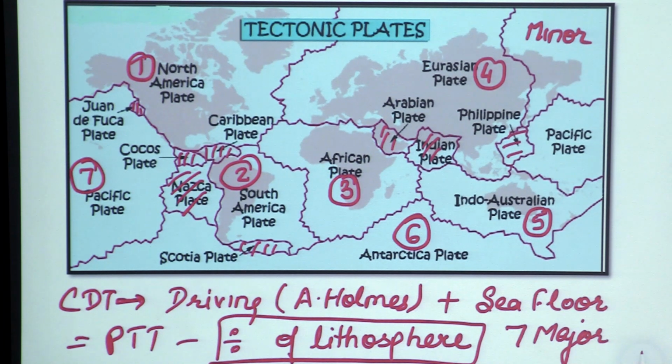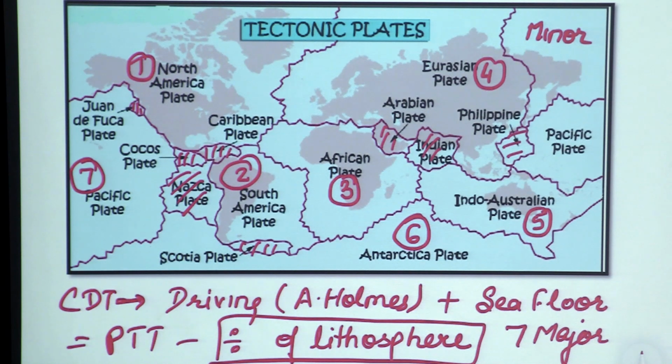All these plates move in relation to each other and tend to develop boundaries, and it is at these boundaries where we develop different types of endogenetic forces. So how do I take the demarcation of volcanism or earthquake? It is always at the boundaries.